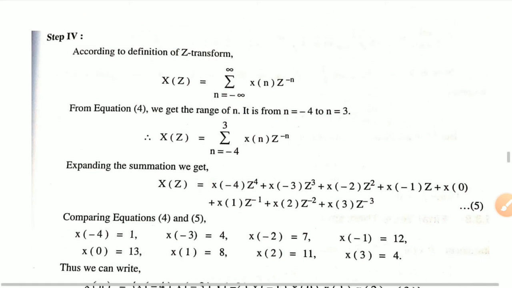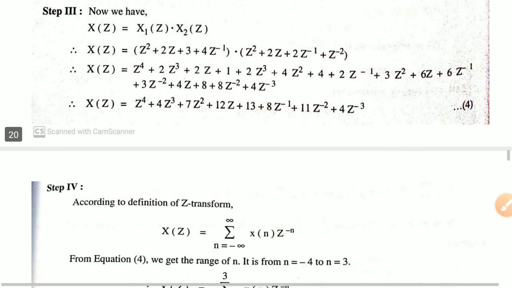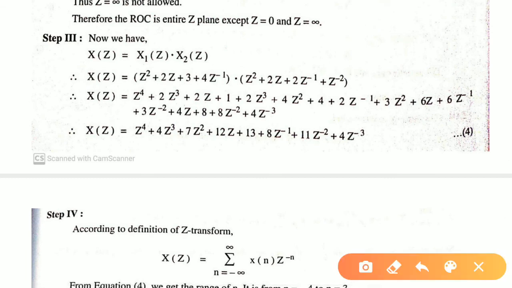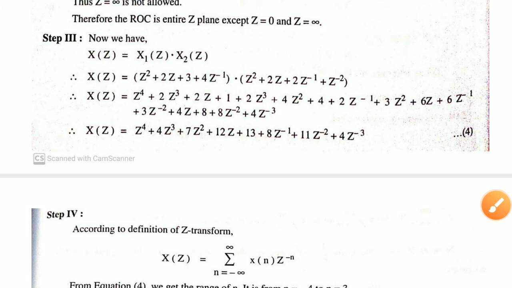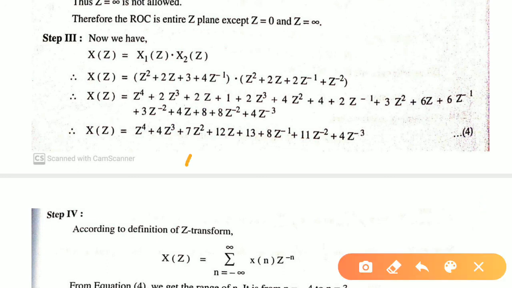Just see this equation after multiplication. You ultimately come to know that the limits will be -4 and +3, and the sequence will be x of -4 is 1, x of -3 is 4, x of -2 is 7, then x of -1 is 12, x of 0 is 13.